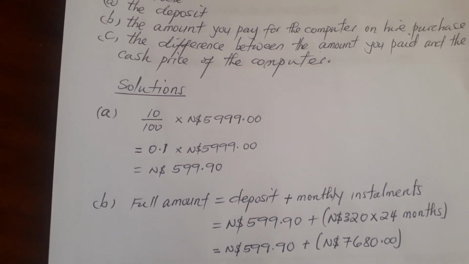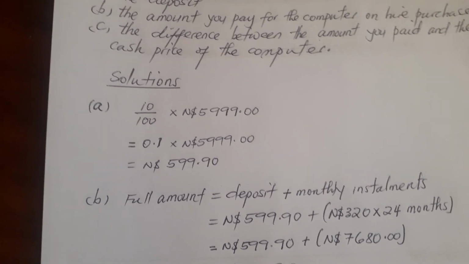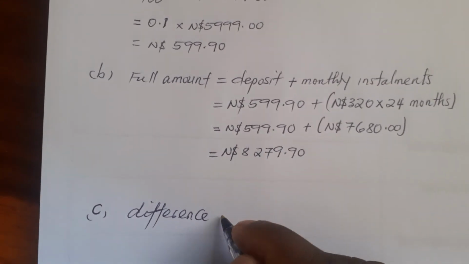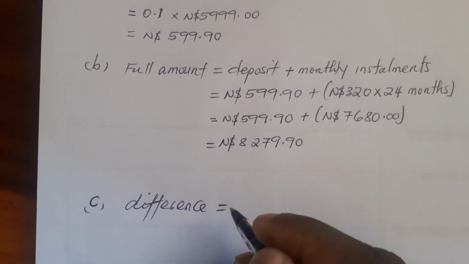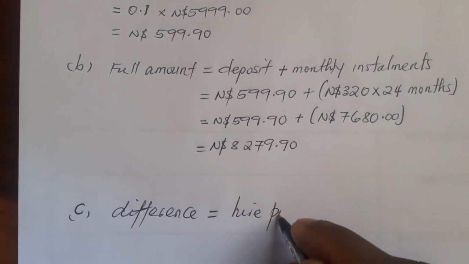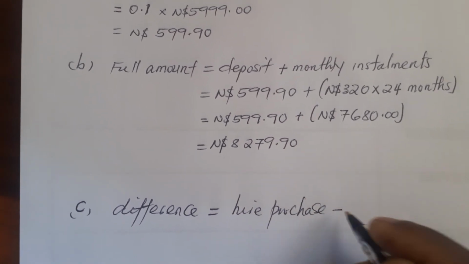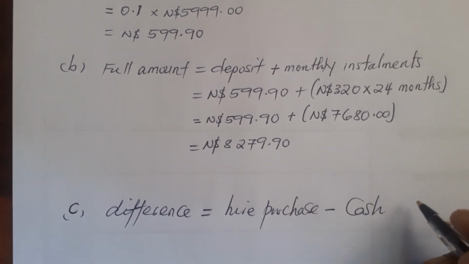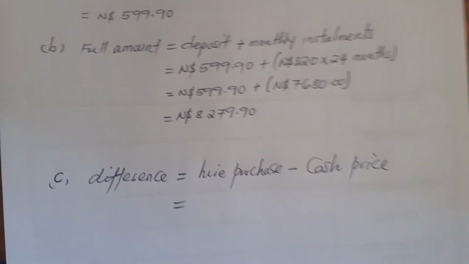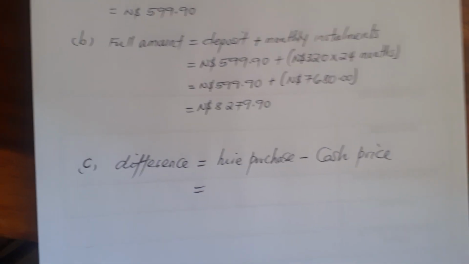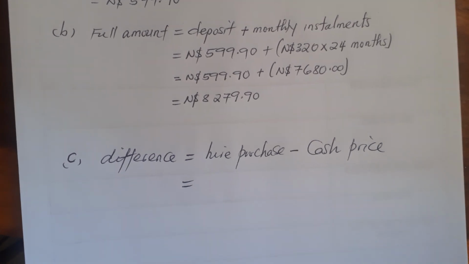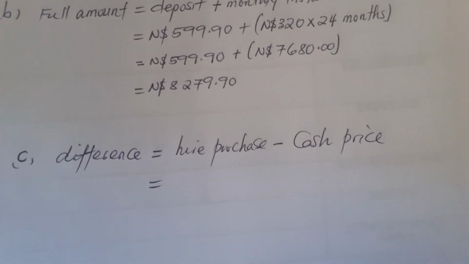Let me just write: difference equals hire purchase minus cash price. We now want to see how much more you would have saved if you could buy the computer cash. And this is very important.